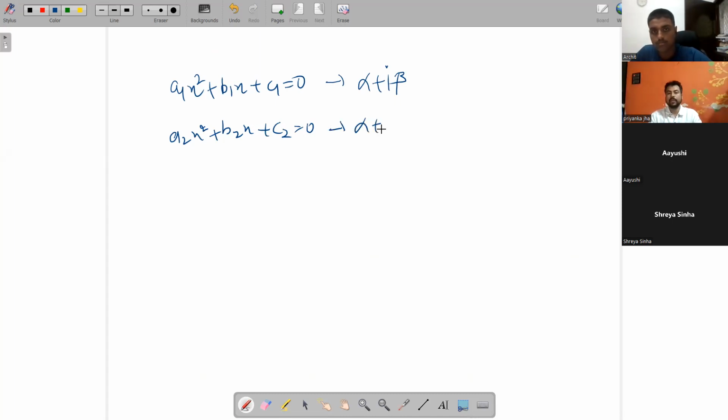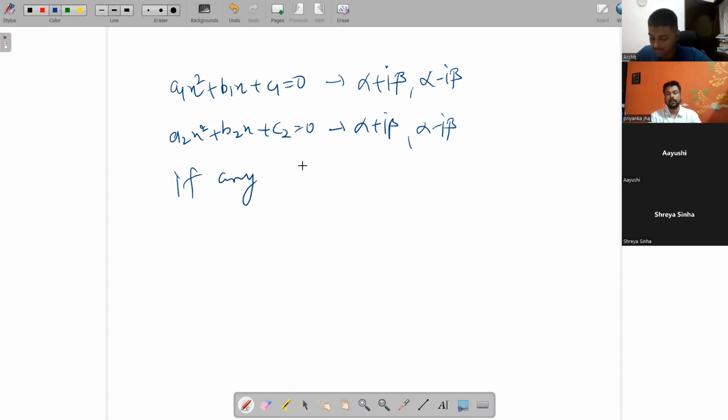So the other equation will also have this root, and if that root is imaginary, then you know that imaginary roots always occur in pair. So its other root will be its conjugate, and here will be the same thing. So if any of the equations has an imaginary root in common, it means that both the equations will have both roots common.